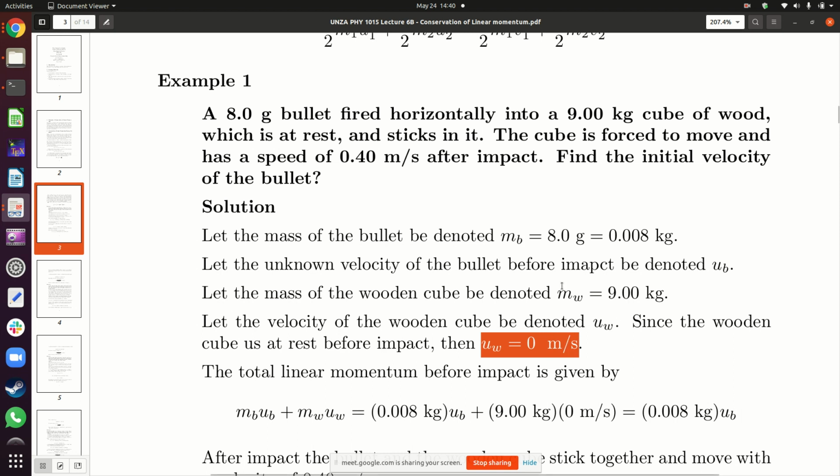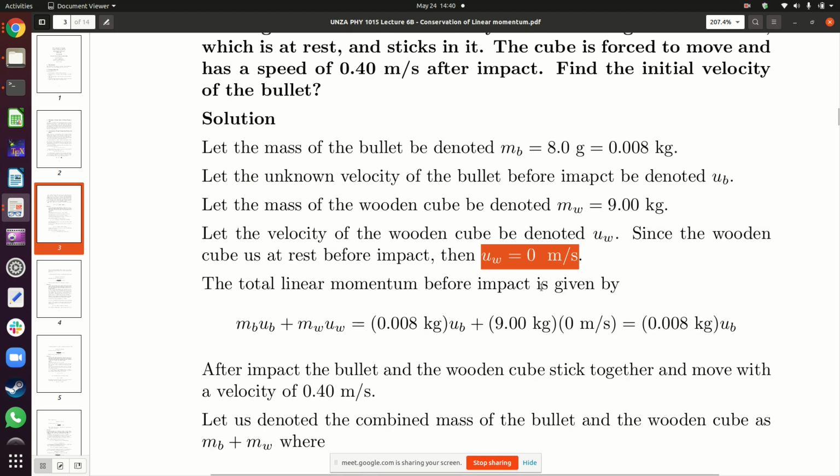So with this, we know the mass of the bullet is 0.008 kgs. The velocity of the bullet is just UB, but we do not know its value. That's what you're looking for. We know the mass of the wooden cube, that's 9 kgs. We know the velocity of the cube before it was struck by the bullet: it was at rest, so the velocity is 0 meters per second.